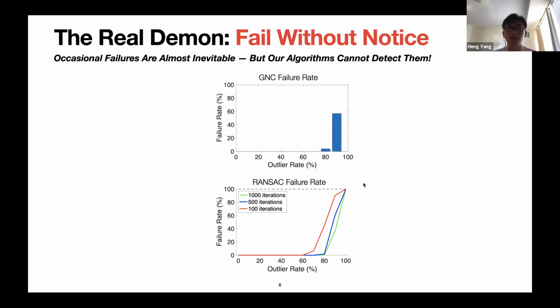So one might ask: do these local minima or these failures really matter in practice? The answer is usually twofold.